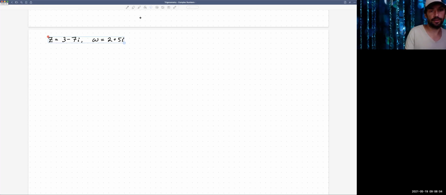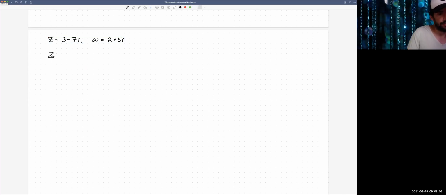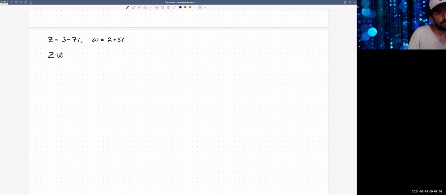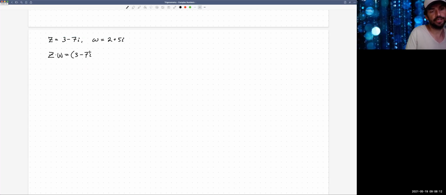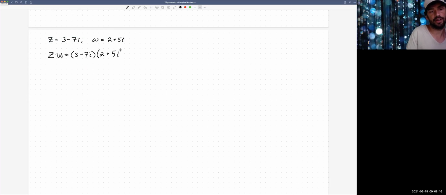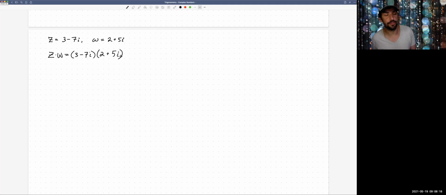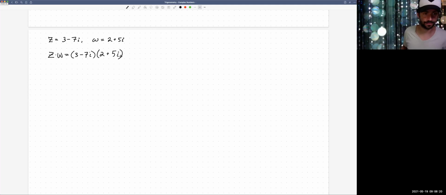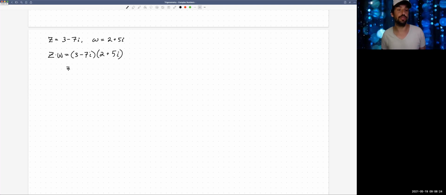Let's multiply them. So z times w is going to be (3 minus 7i) times (2 plus 5i). Now some more interesting things start to happen. First of all, we still have our distributive laws.